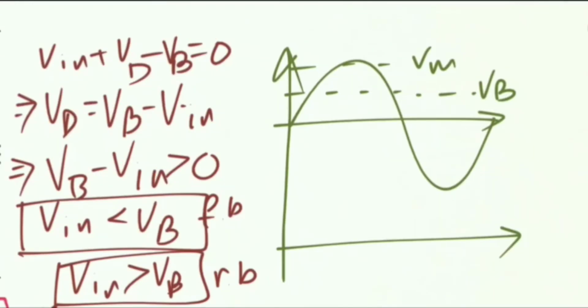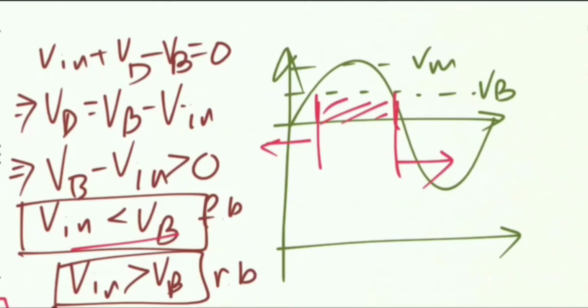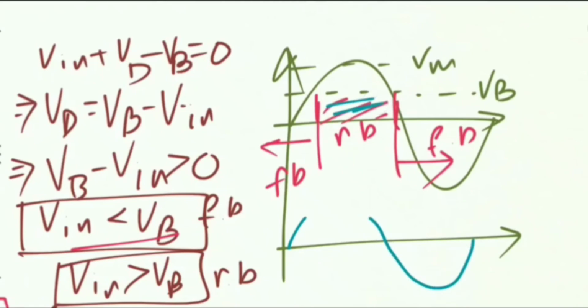So for Vin less than Vb, the diode is in forward bias, that is in this duration the diode is in forward bias, and except that, in this duration the diode is in reverse bias. For this forward bias, the output will follow the input, and for this region it will be Vb.